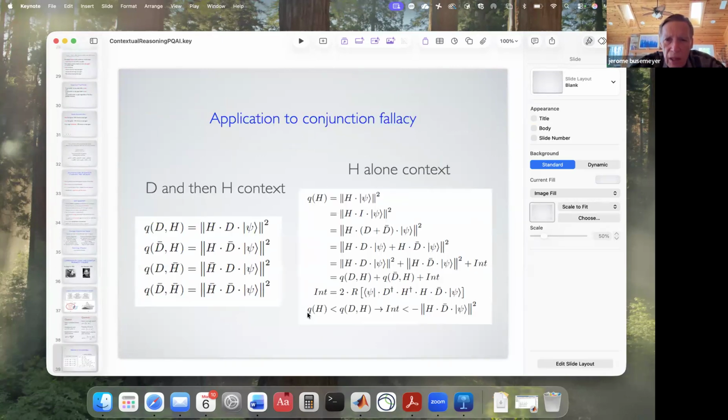This slide maybe looks a little bit scary, but it's actually kind of simple. Let's take a look at the example where we had dyspnea and hemiparesis. What we found was that the probability of dyspnea and hemiparesis was greater than the probability of hemiparesis by itself. Now, how could that happen?